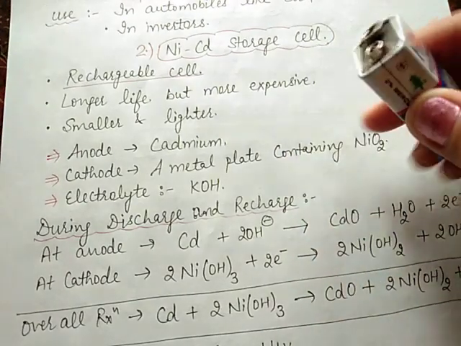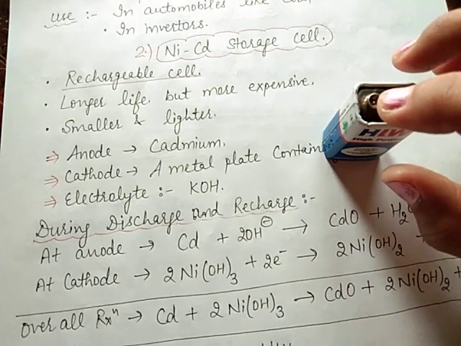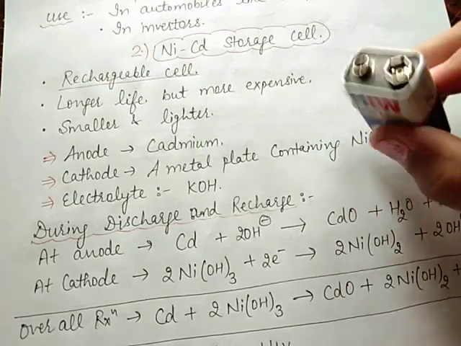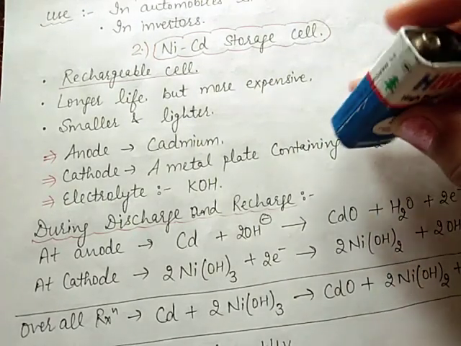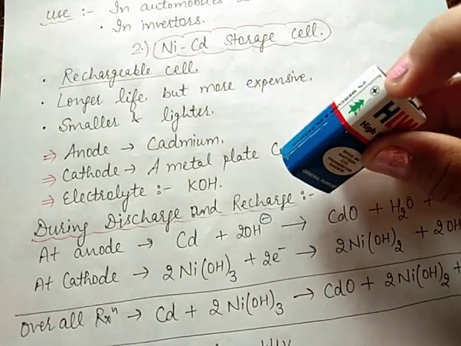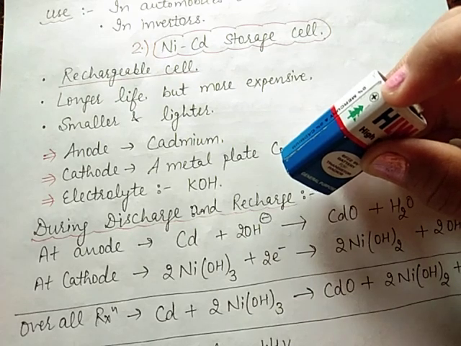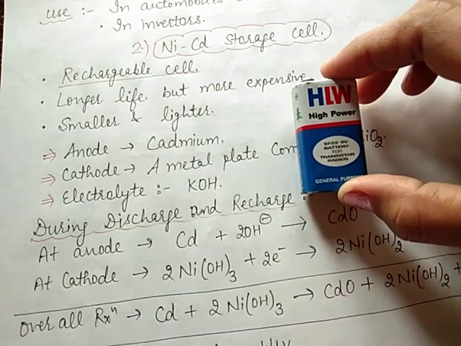This is the anode, this is the cathode, because the anode side has a negative charge and the cathode side has a positive charge. This is of high power.